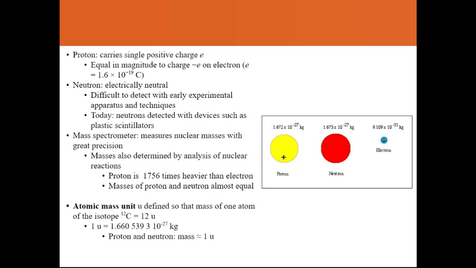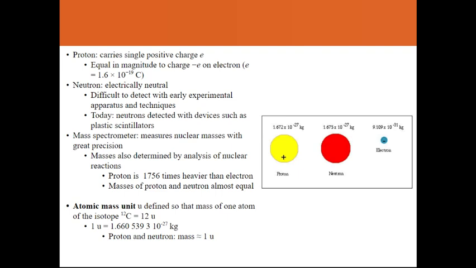Since protons and neutrons are not all that heavy compared to real world objects, the atoms that they form are also not that heavy. We tend to use the atomic mass unit for their weights. The atomic mass unit is defined so that 12 atomic mass units are equal to the mass of one atom of carbon 12.